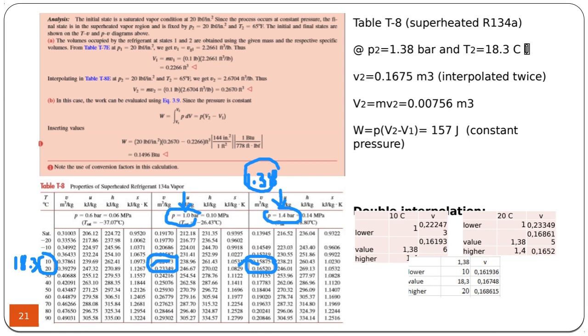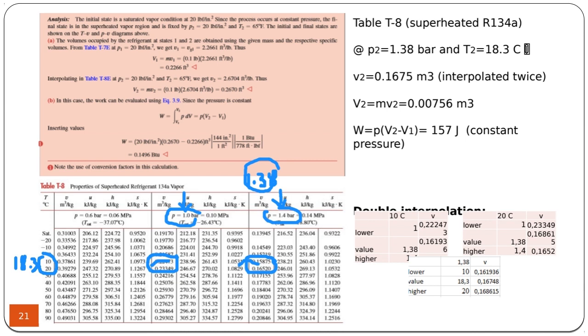As a summary, you have to use interpolation 3 times. So for 10 Celsius, you can use the interpolation to find the value for the pressure. You can do the same for the higher temperature, and you can do another interpolation for the intermediate pressure.